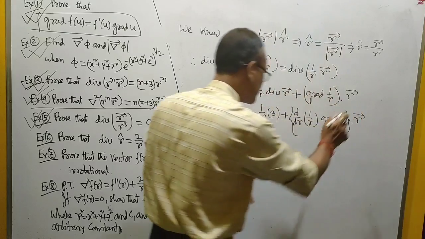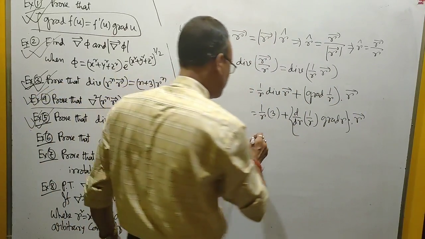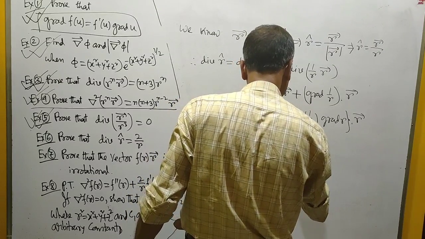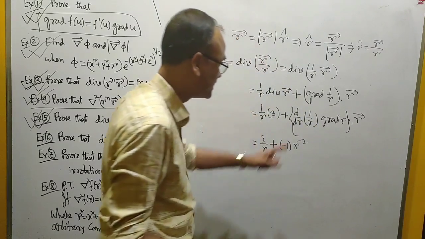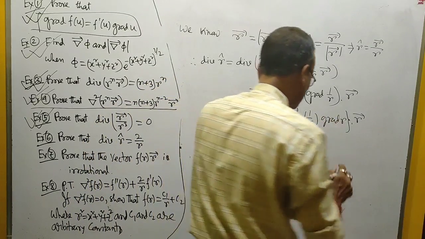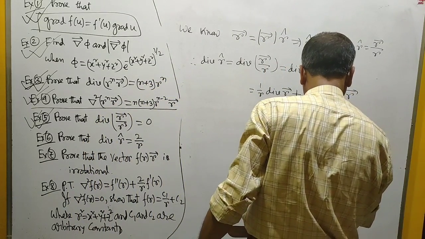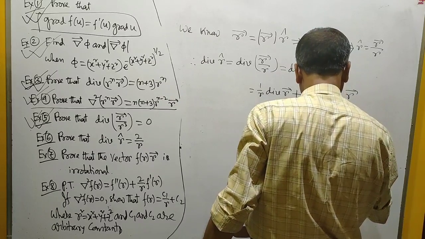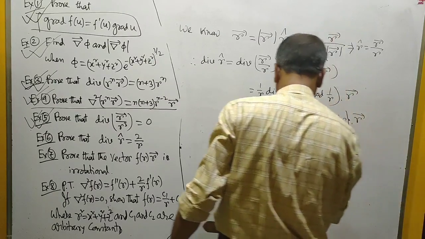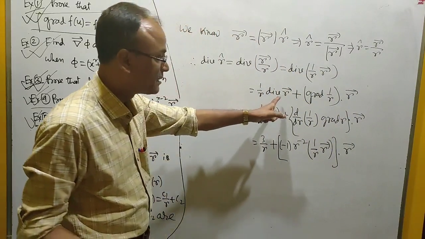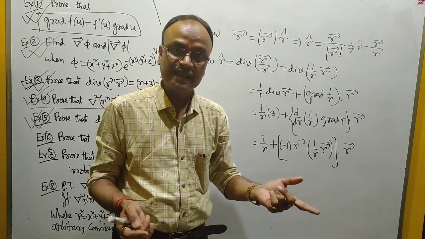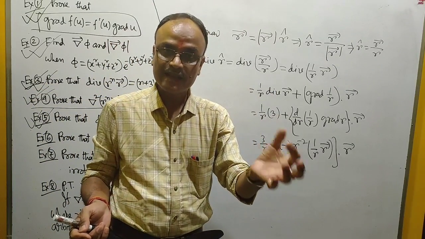This is equal to 3 by r plus minus 1 r to the power minus 2. Gradient of f(u) equals f dash u, gradient of u. It is nothing but 1 by r vector dot r vector.